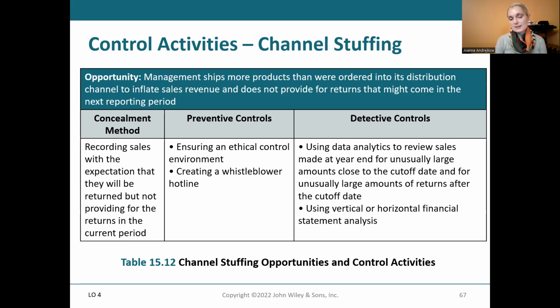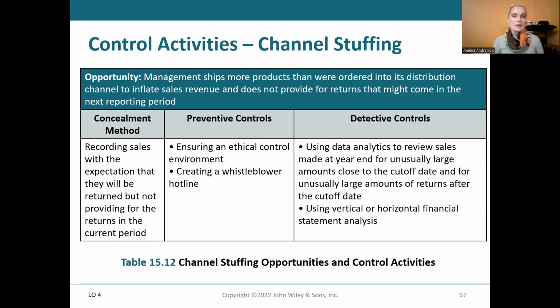Preventative controls that can stop this is ensuring an ethical control environment, creating whistleblower hotlines that employees can use to report this behavior. Detective controls that can detect that there's a problem is using data analytics to review sales made at year end for unusually large amounts close to the cutoff date, and for unusually large amount returns after the cutoff date.